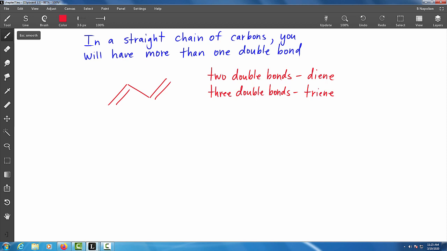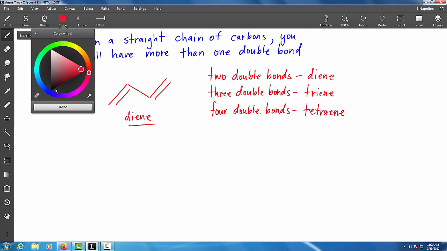Okay? Now, in this case, if we looked at 4 double bonds, we will have a tetraene. So we're unlikely to see more than 4, but just in case you do, you can see the pattern for naming.